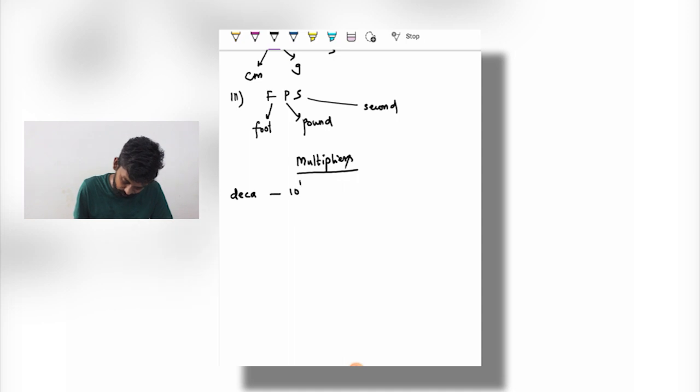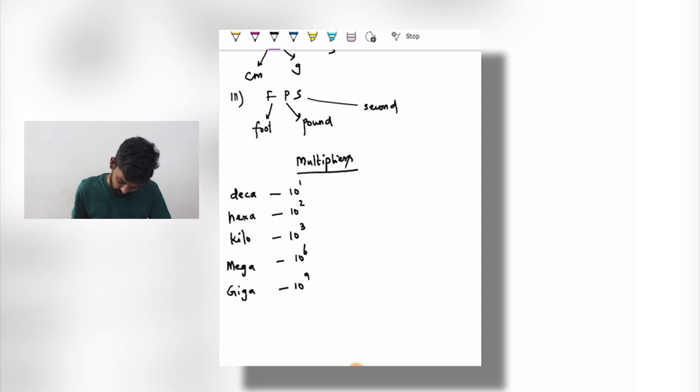Deca 10 power 1, hecto 10 power 2, kilo 10 power 3, mega 10 power 6, giga 10 power 9, tera 10 power 12, peta 10 power 15 and exa 10 power 18.